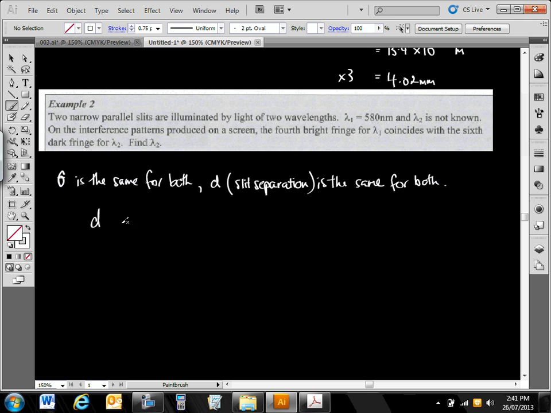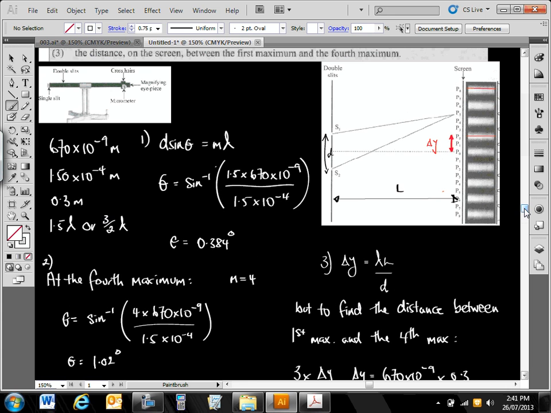So we have d sine theta equals fourth bright fringe, 4 lambda, and d sine theta equals sixth dark fringe. Let's have a look at our picture.